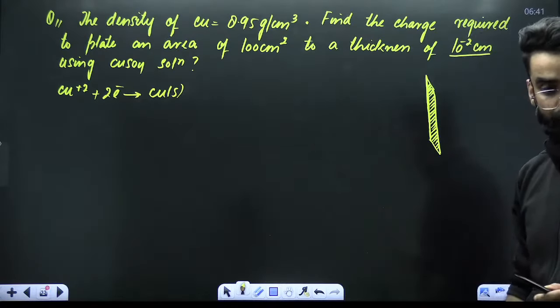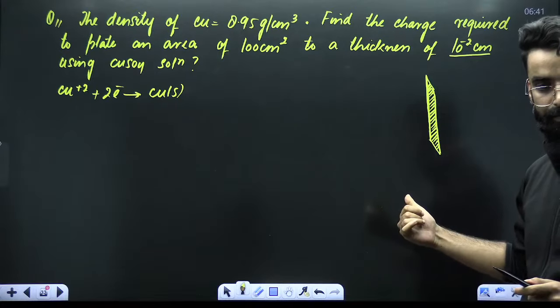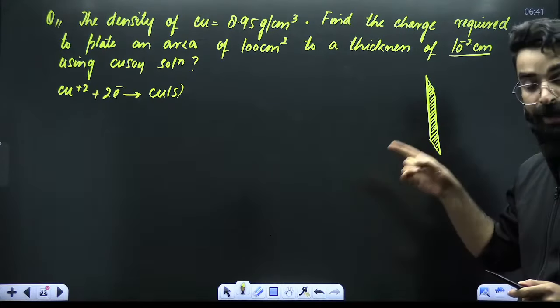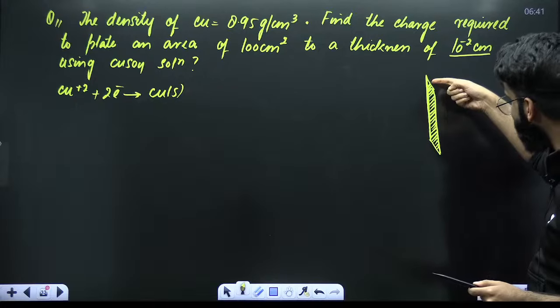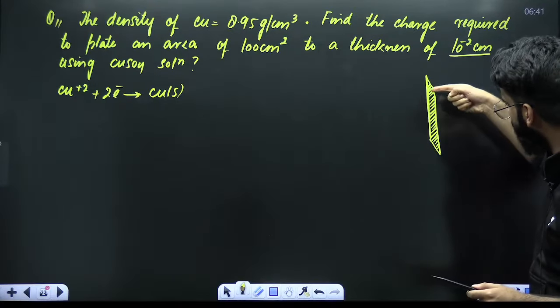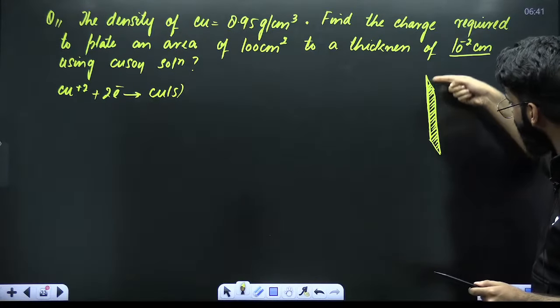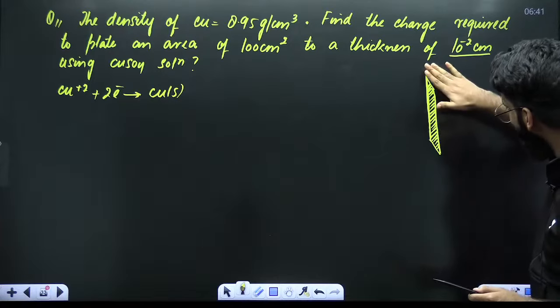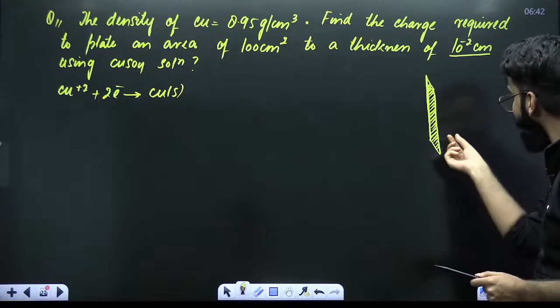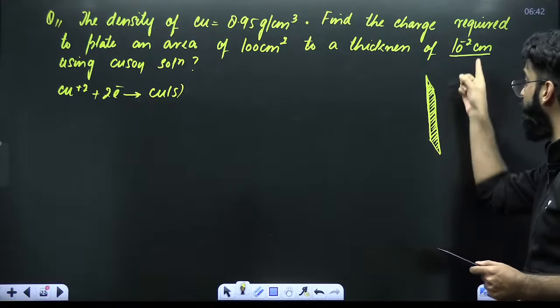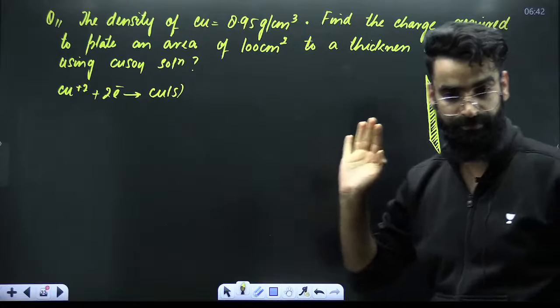I hope you're getting this, right? We have to continue the electrolysis till the entire surface of the electrode is covered. First the entire surface should get covered, and after that the thickness of the copper on the plate should be 10 raised power minus 2 centimeters.